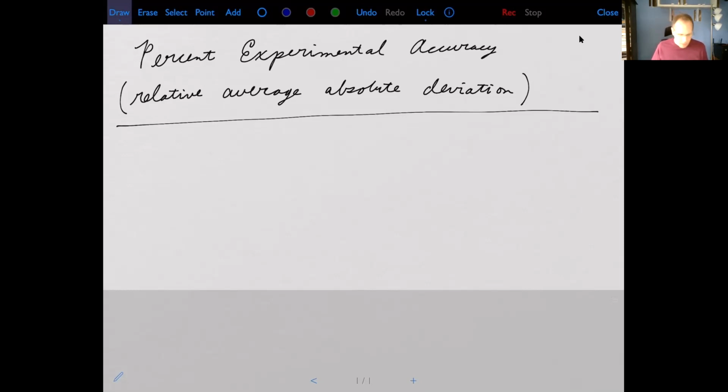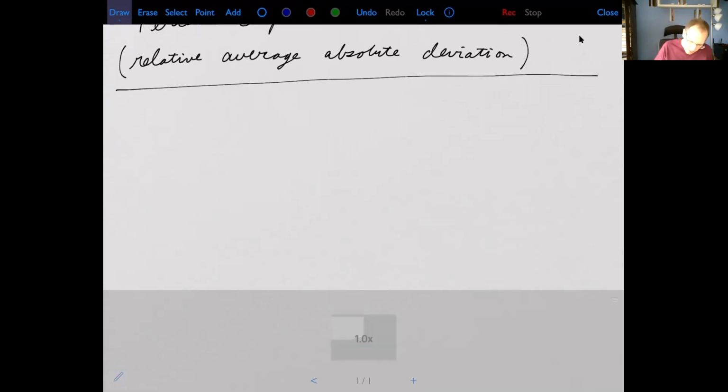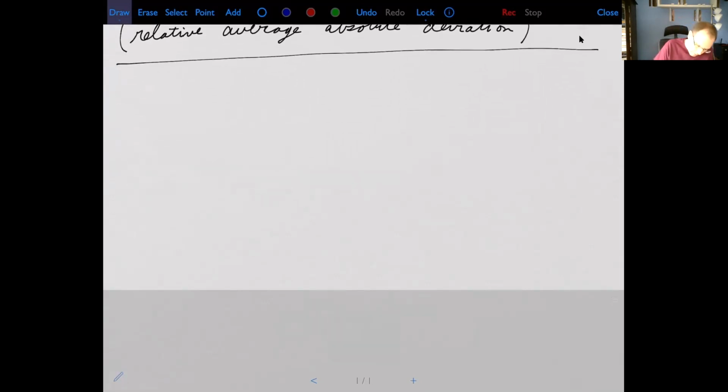All right, so let me make up a problem here. Let's say I want to measure the length of some object 5 times. So the length in meters, 5 times. And let's say this is my data.